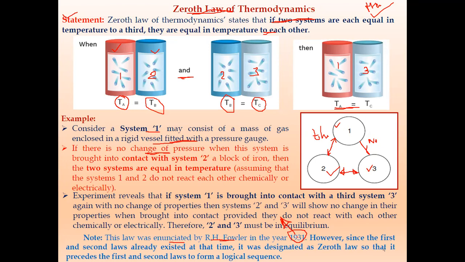Before 1931, both the first law as well as the second law already existed. Therefore, this law is designated as the zeroth law of thermodynamics, as it precedes the first law and second law to form a logical difference. Okay, so this is called the zeroth law of thermodynamics.